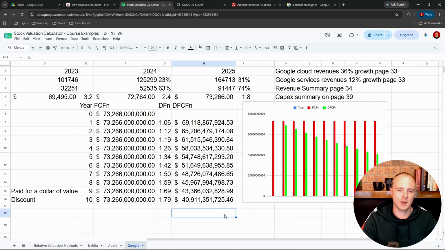Now, if we'd completed a full deep dive of the business, we'd be able to have a much better understanding of how much we actually trust the business and the management team and things like that. But overall, the free cash flows being generated from the business have stayed pretty much the same, so around that $70 billion a year, once taking into account paying for that property, plant, equipment and that build out.